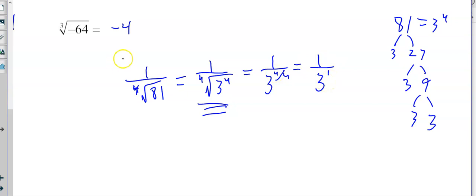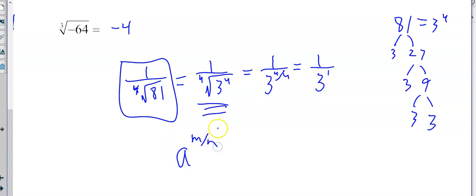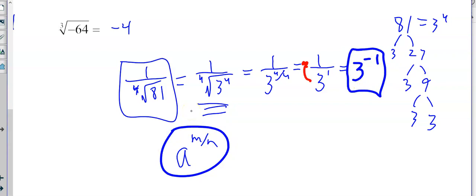The other thing, sometimes they'll say, put this into rational exponent form, like a to the m divided by n. Well, this is not quite rational exponent form, but you could easily switch it to that, because how can you make this guy migrate up to the numerator? Well, what kind of exponent would make it migrate up to the numerator? A negative exponent. So you could say that's 3 to the negative 1 if the goal was to put it into rational exponent form.